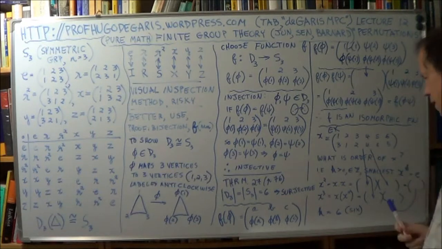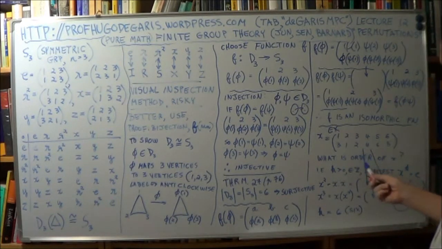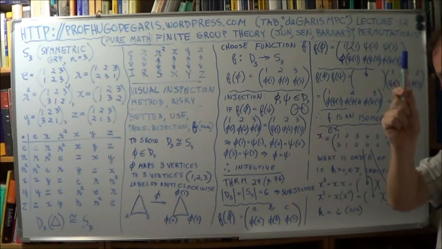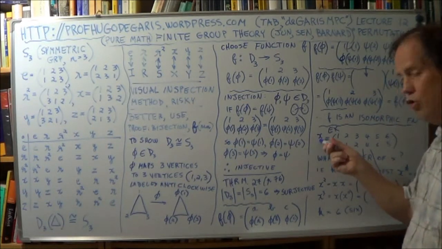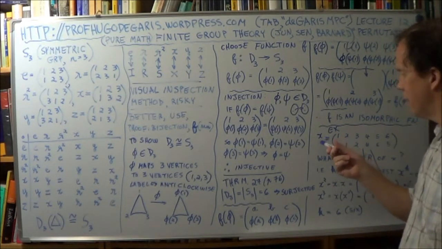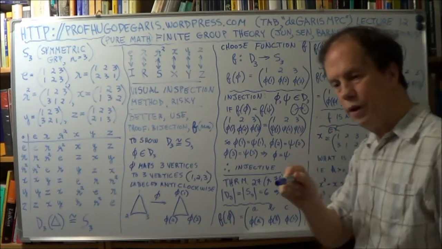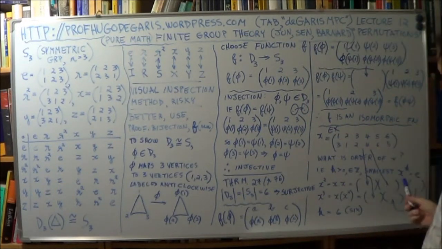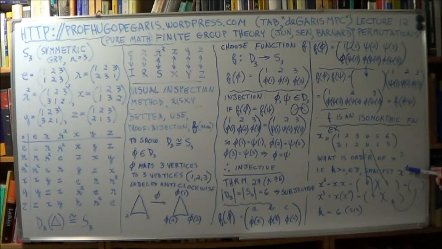So that would be one of the elements of S6, because 6 objects. Now the question is, what is its order? Remember, it's not a group, it's an element of a group. And you ask, what is the order of the element? Remember the definition: the order of an element is the smallest positive integer k, belonging to Z, such that x to the power k is equal to the unit.